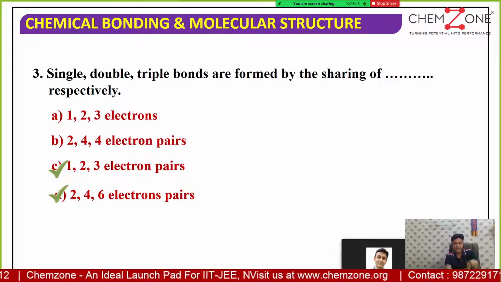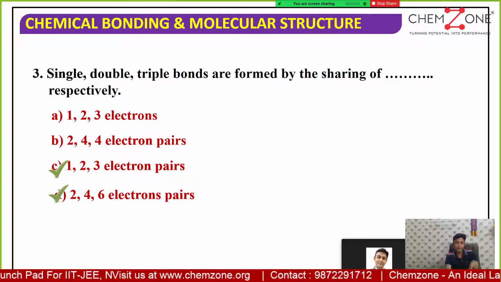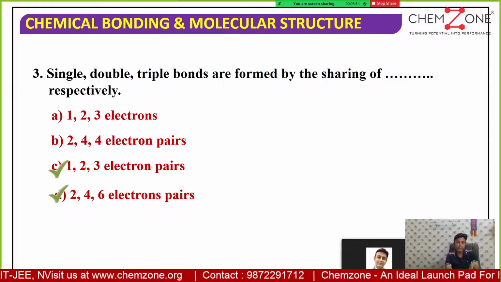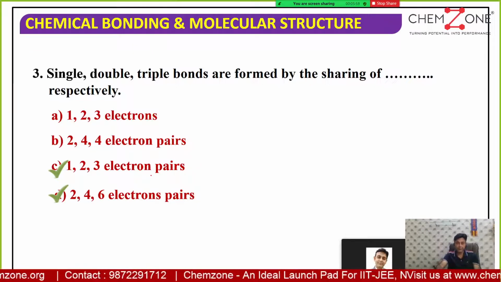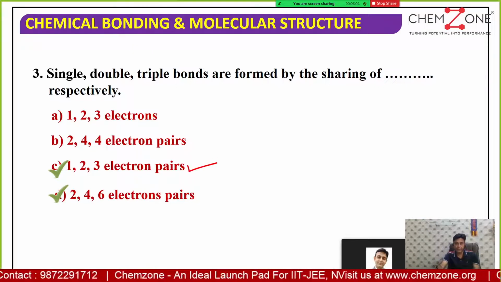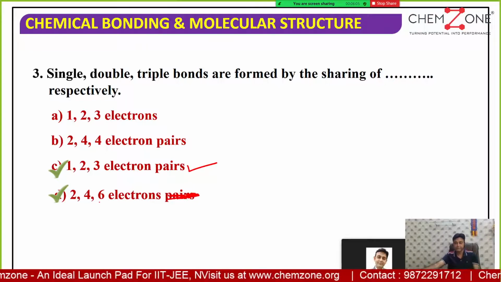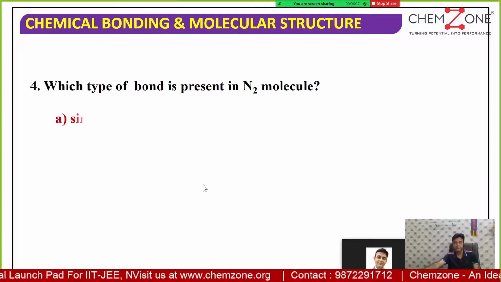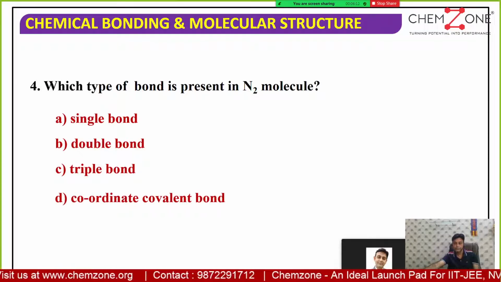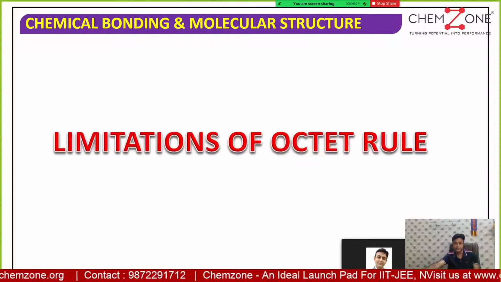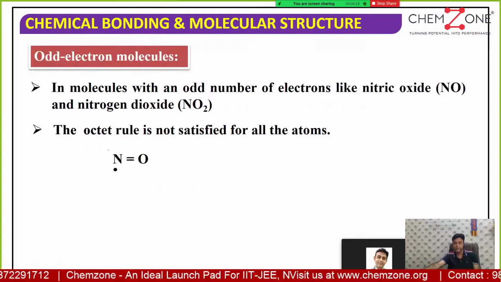A single bond is formed by sharing of one electron pair, a double bond by sharing of 1, 2, 3 electron pairs or 2, 4, 6 electrons. Then it will be right. Triple bond. Good. Limitations we have done already, right?